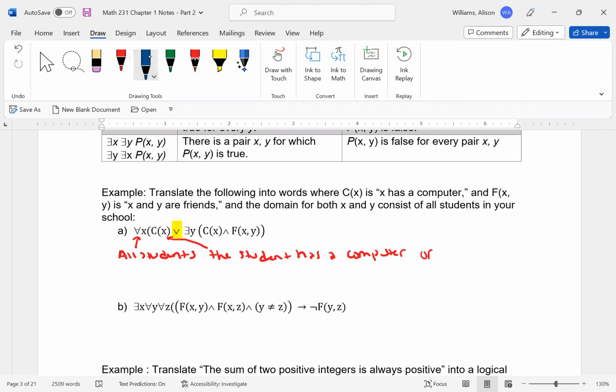All right, I'll fix this. That should be C of y. Or, there's another student, and that's what the symbol means, and that student has a computer.